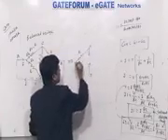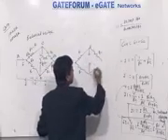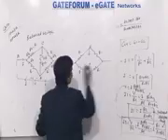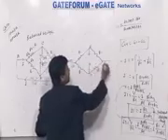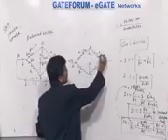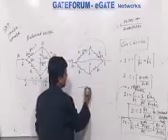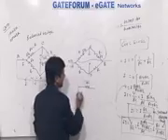This is R, this is R, this is R, this is R, A point and B point. Now as I by 2 current is flowing here, I by 2 current is flowing here, R and R are connected in series. So I can say that 2R is connected across 2R.